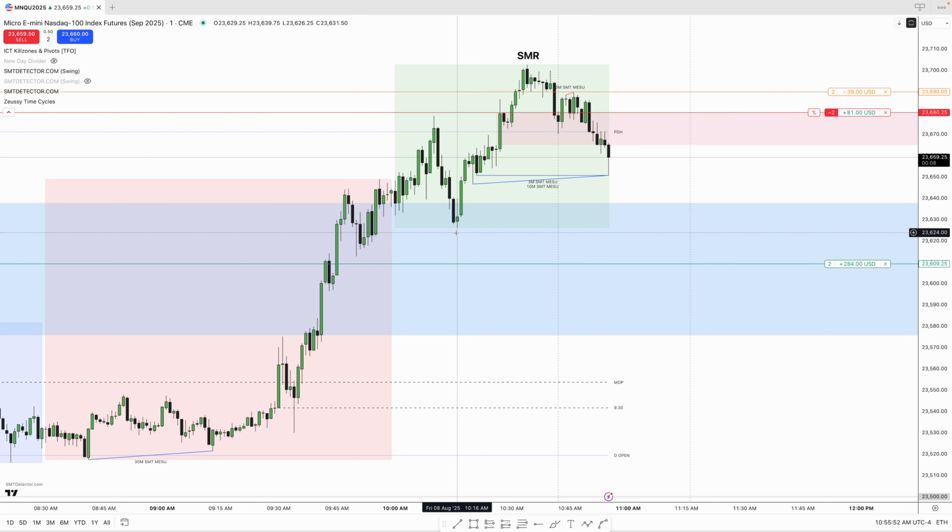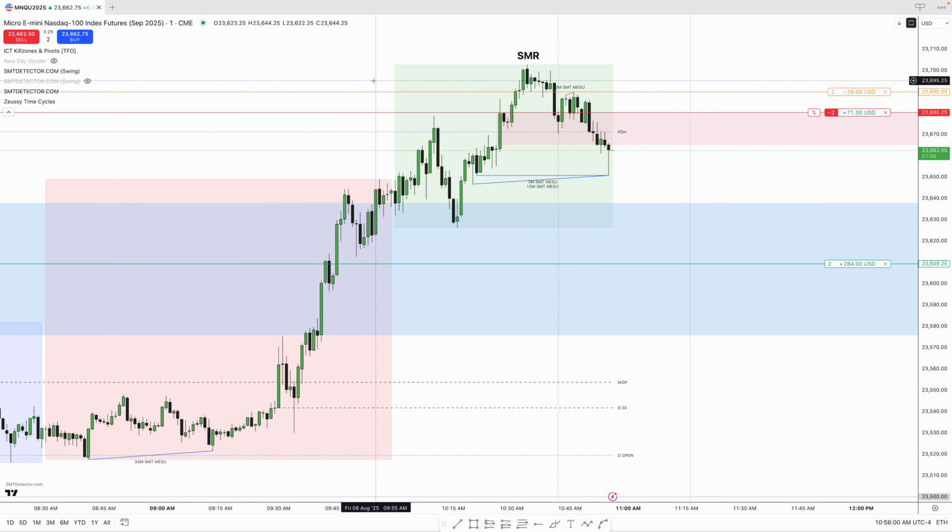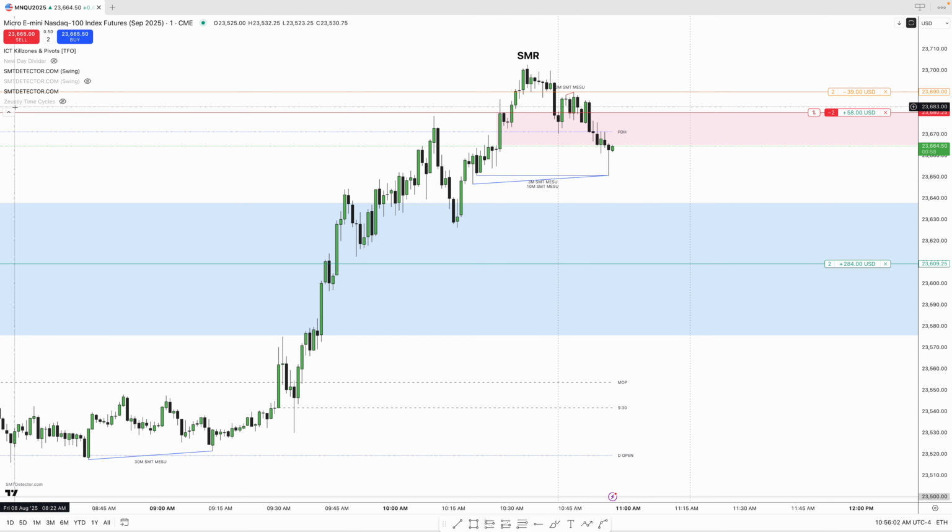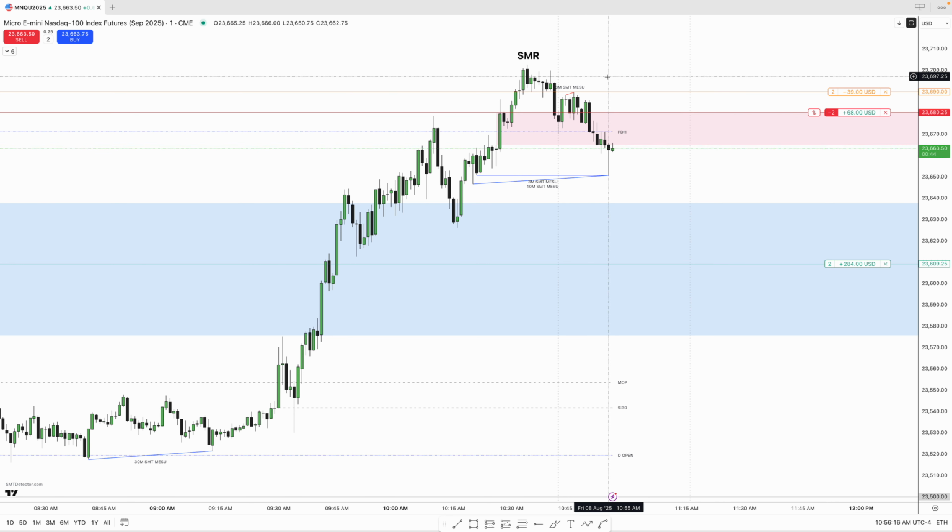ES has taken that low. Break even would be okay here. Not ideal. Like price could still come up and test up in here. So break even is not on the table right now.